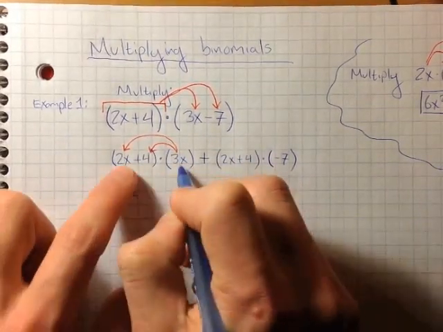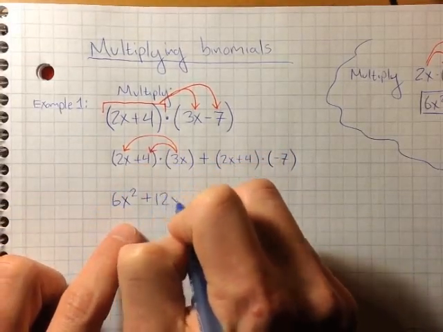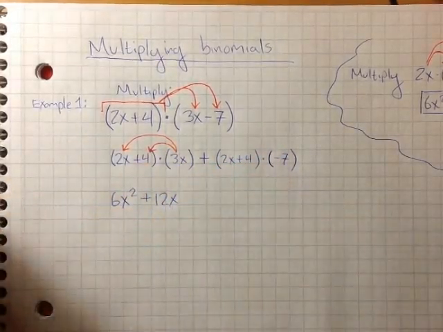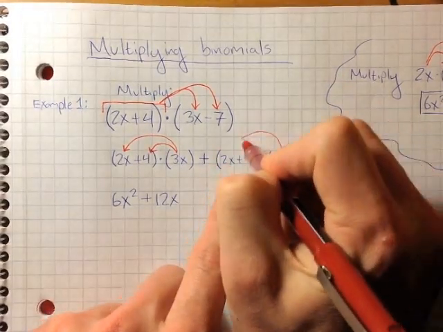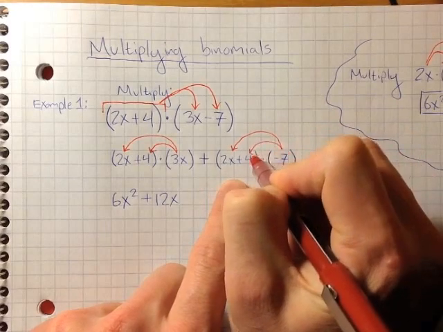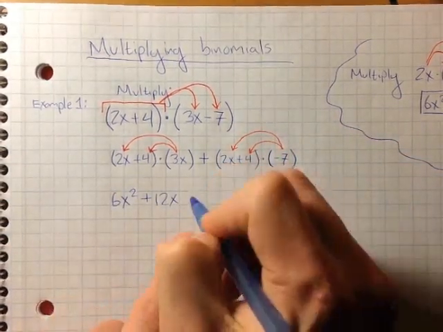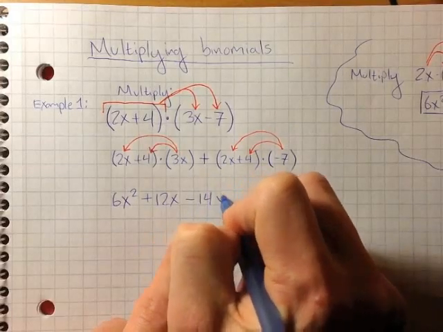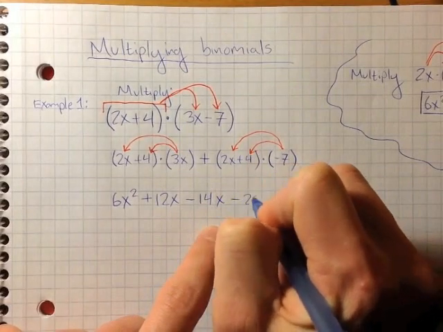So 6x squared plus 12x. Now, we are also going to distribute the negative 7 into the parentheses that it is attached to. So negative 7 times 2x is negative 14x. Negative 7 times 4 is negative 28.